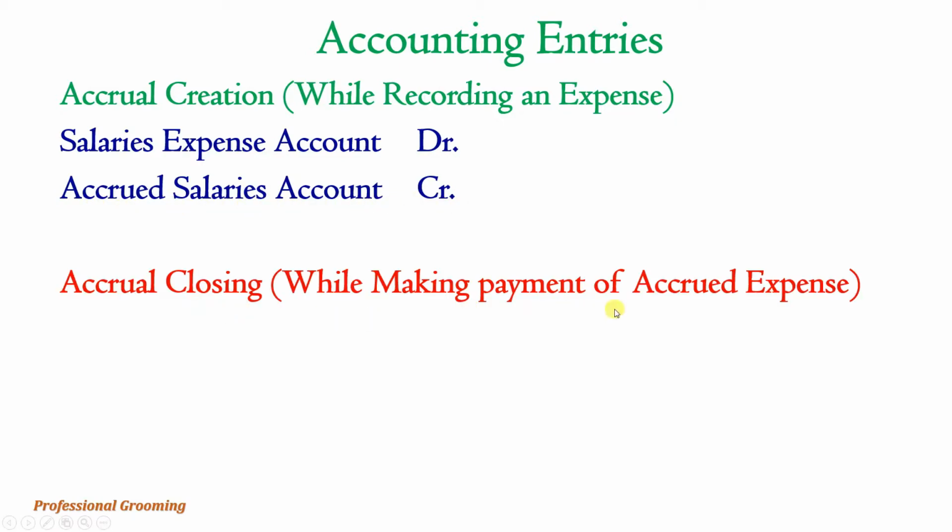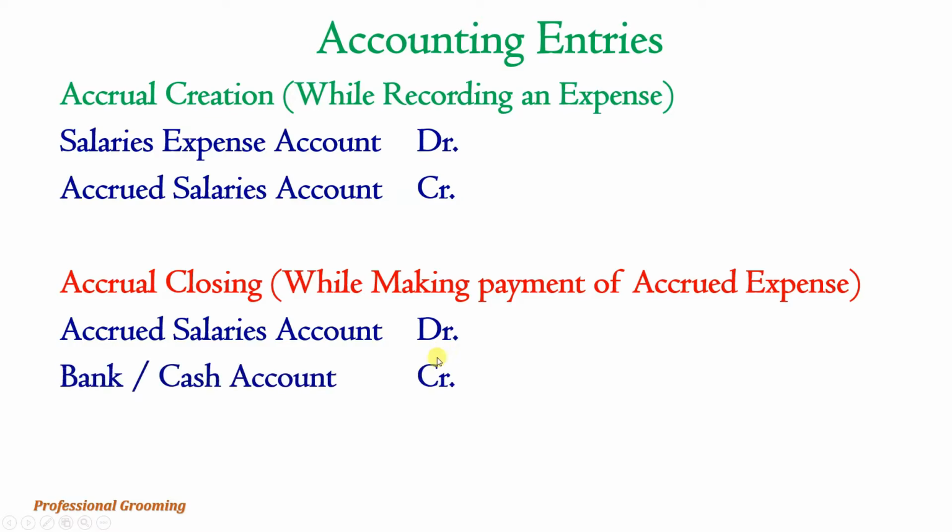Accrual closing while making payment of accrued expense. Accrued salaries account debit. This account which we made earlier as credit, with the full amount we will make accrued salaries account debit, so our liability will be 0. And bank or the cash account: if we are paying salaries by bank, we will credit the bank account.